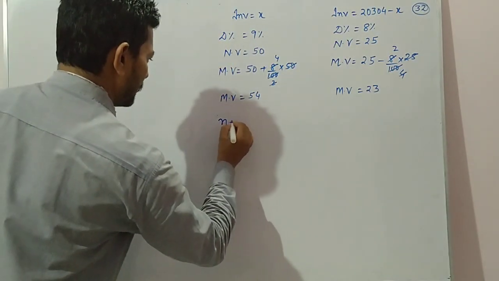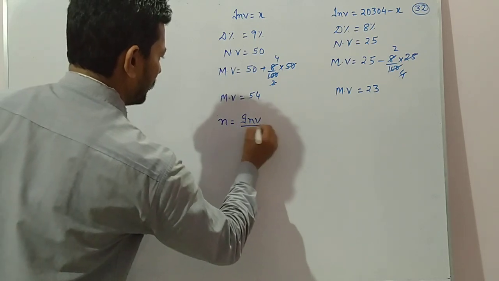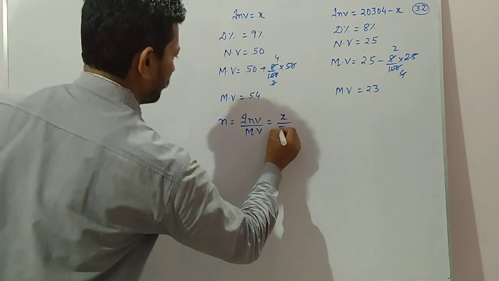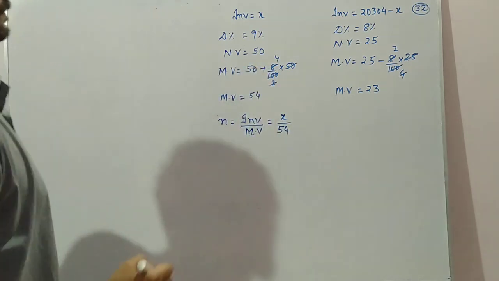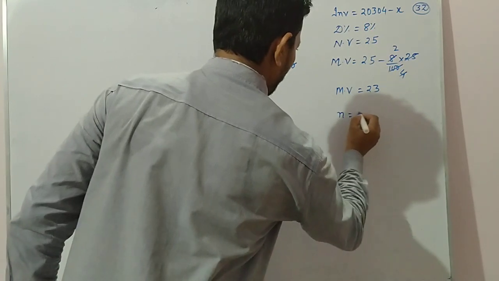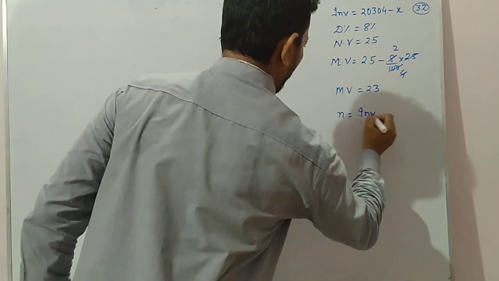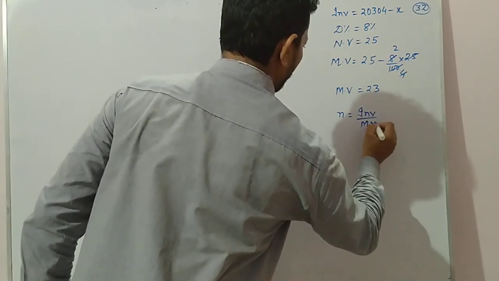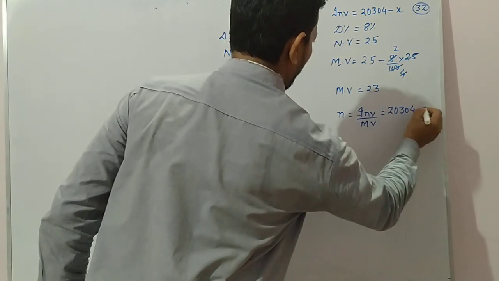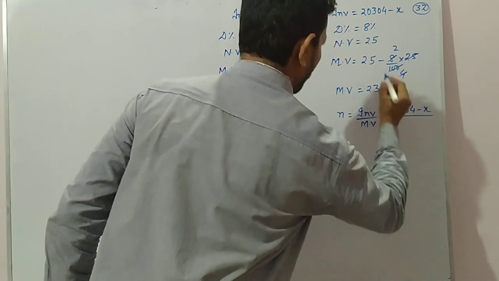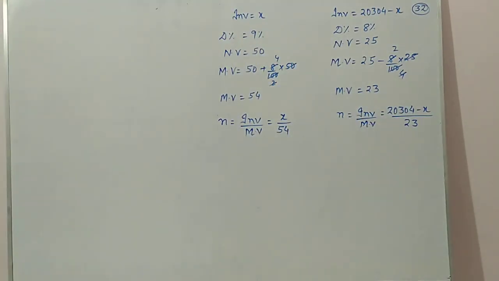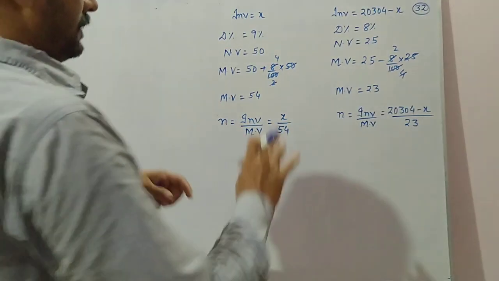Number of shares is investment by market value. For the first part, investment is x and market value is 54. For the second part, number of shares is investment by market value, which is 20,304 minus x by 23. Now we will determine the dividend.